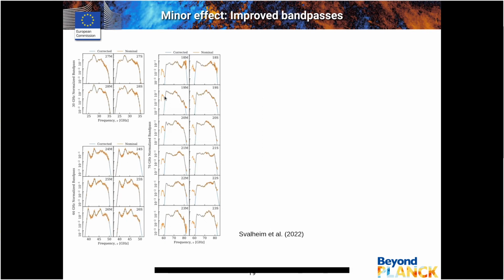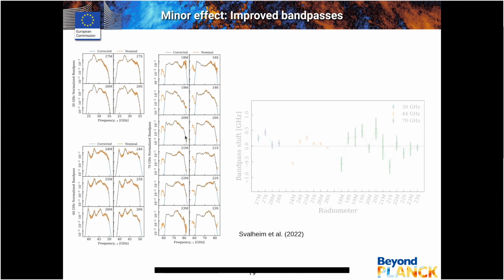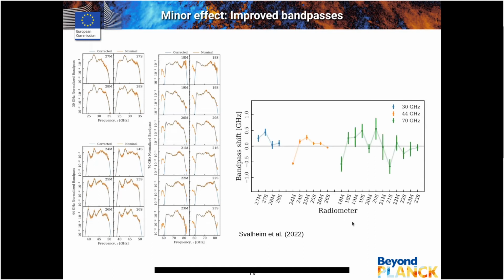And so we are now using these new corrected bandpass curves that we believe are superior in every way to the previous ones. So this is a minor change, but it did have a small impact on our bandpass shift calculations. So you can see the overall bandpass adjustments that we apply to each channel here. And in general, they are quite small, but they do have a significant impact on the resulting maps.